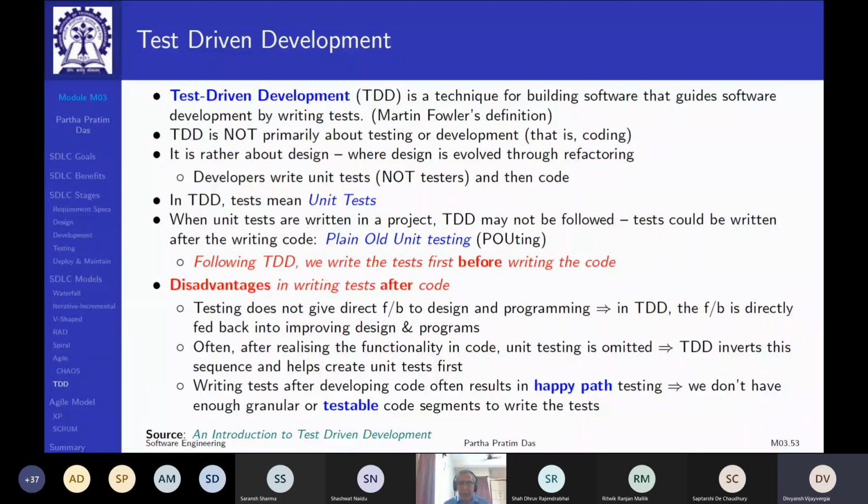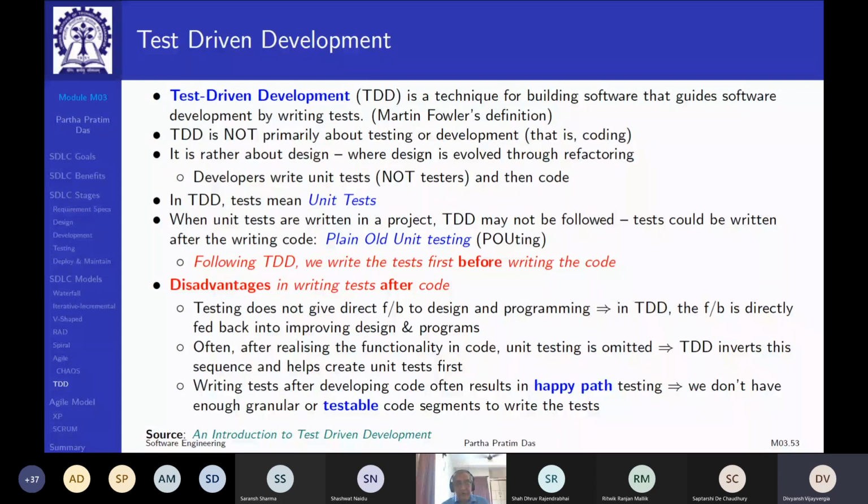Now, obviously, there are several disadvantages as well. The testing does not give direct feedback to design and programming, whereas in TDD, the feedback is directly fed into improving the design and program. So that's the disadvantage of the old school, which you try to mitigate.